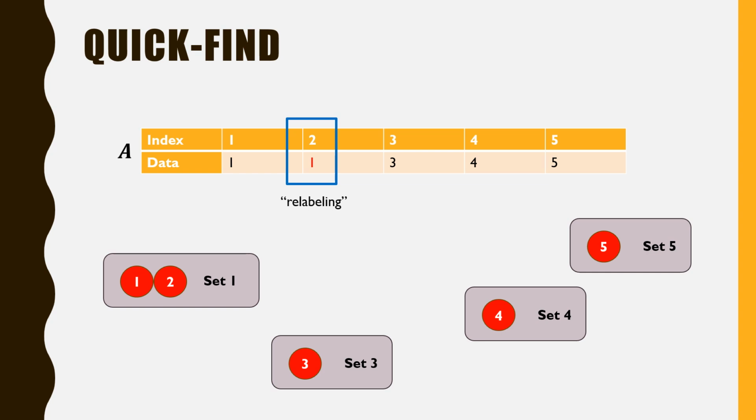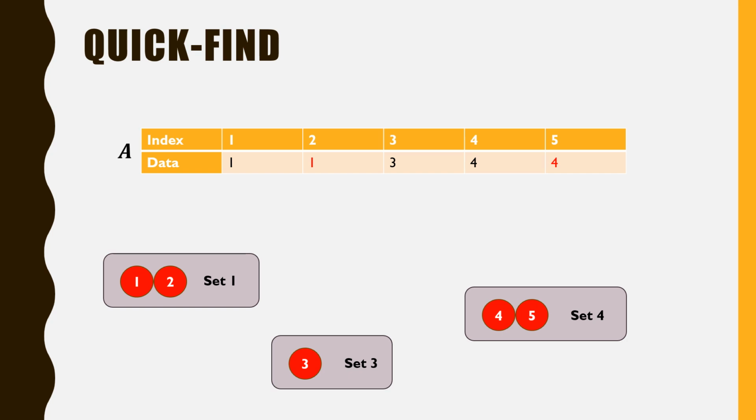It is important to note that we can choose to relabel elements from either set 1 or set 2, as both approaches are valid. However, as we'll see later, relabeling the elements of the smaller set leads to a more efficient union operation. Next, let's merge set 4 and set 5. Since set 5 contains only one element, 5, we update A[5] to 4, indicating that element 5 is now part of set 4.